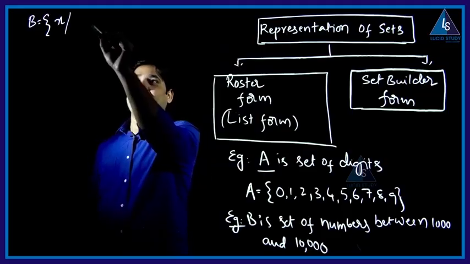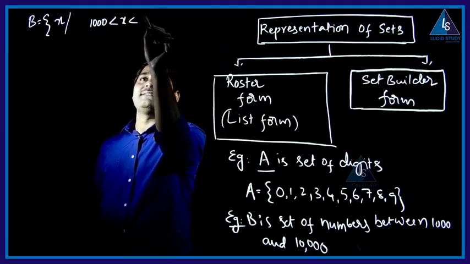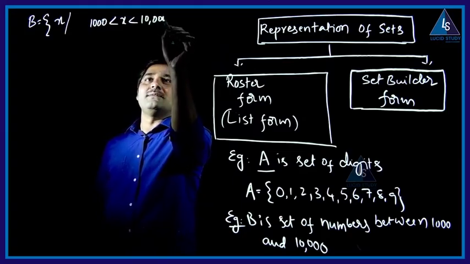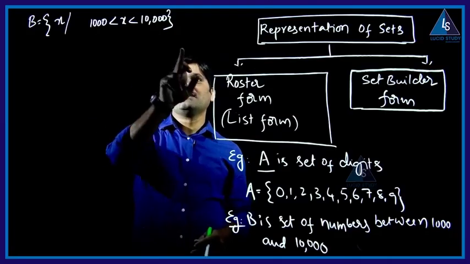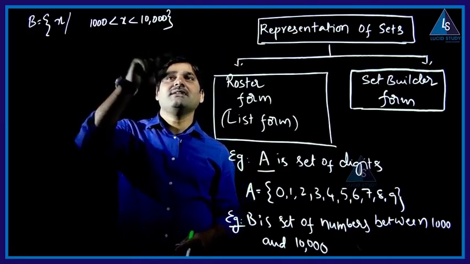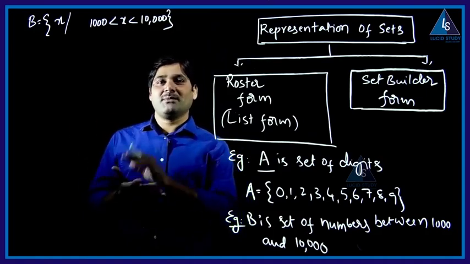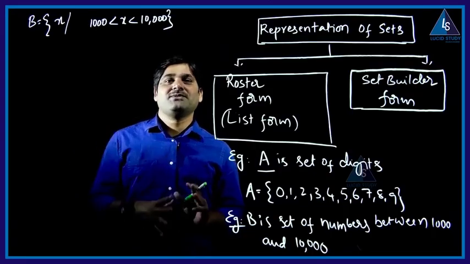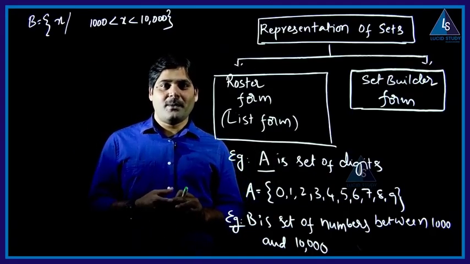That means 1000 is less than x less than 10,000. So mathematically we can represent it like this. What is the meaning of this? The value of x will be in between 1000 and 10,000. Like this, in the shortest way we can represent it. It is like a definition form. That is why this is called set builder form.